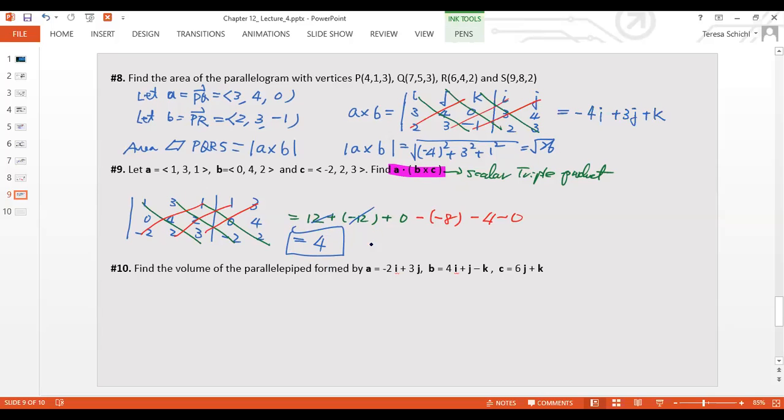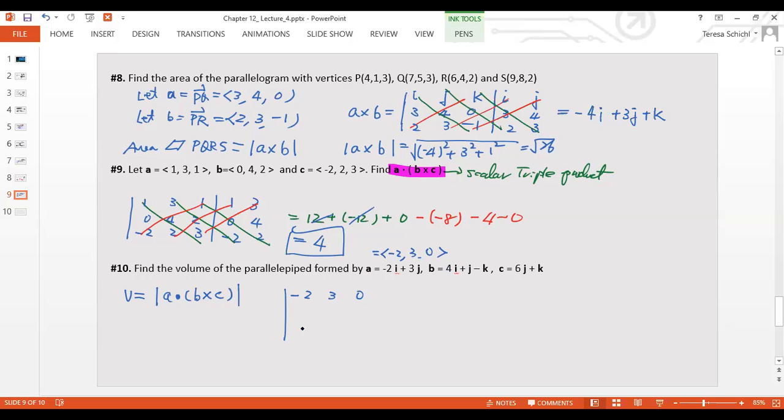Now if I want to find the volume of the parallelepiped, I know the volume is the absolute value of A dot B cross C. So let's put the vectors in vector format. A is negative 2, 3, 0.